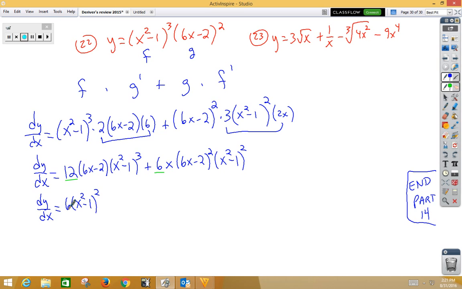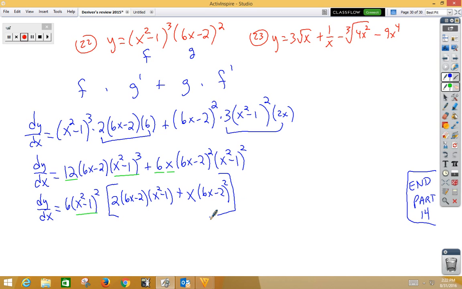So on the inside, we would have a 2, a 6x minus 2, and x squared minus 1, because we already have 2 of those and we needed 3, plus we're going to need the x that's here. We're going to have to use the 6x minus 2 squared there.